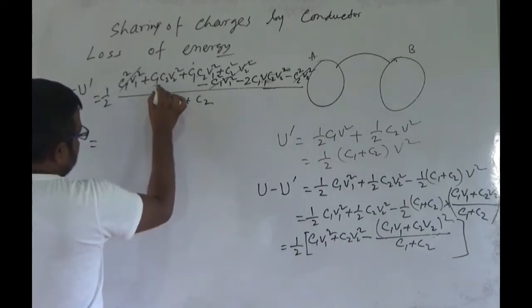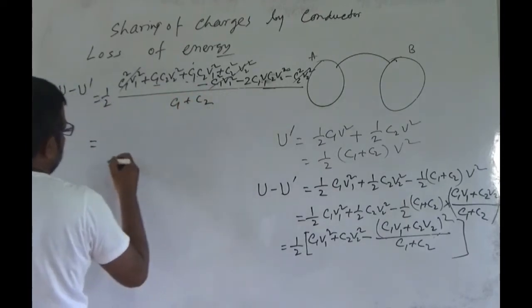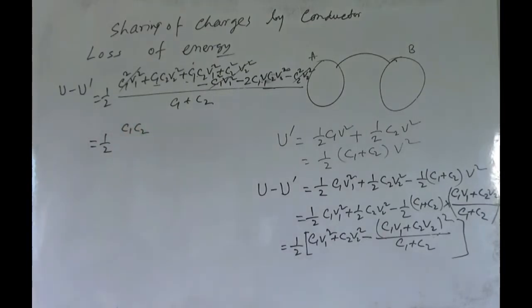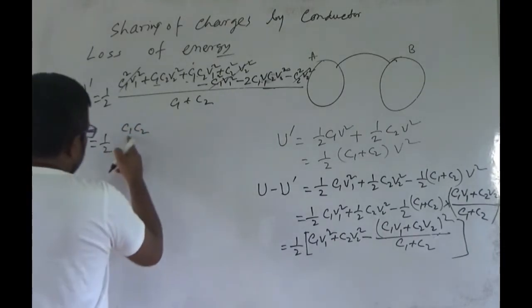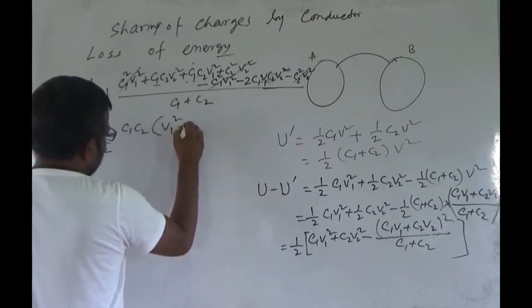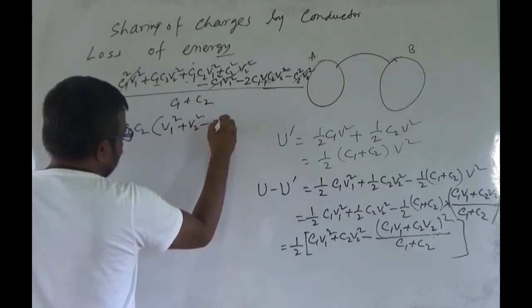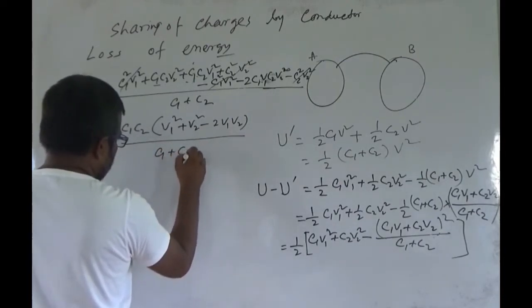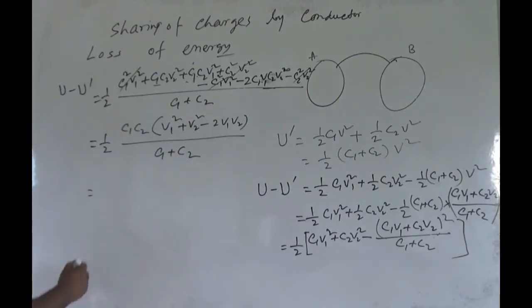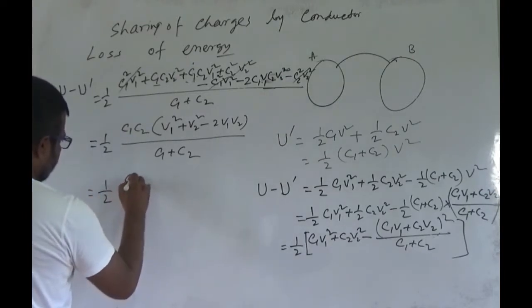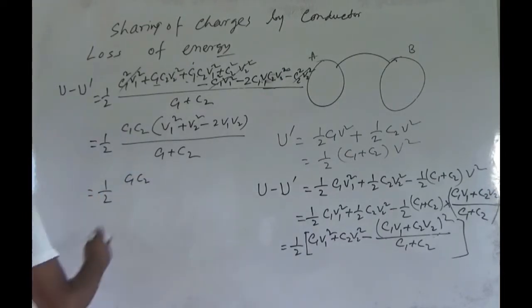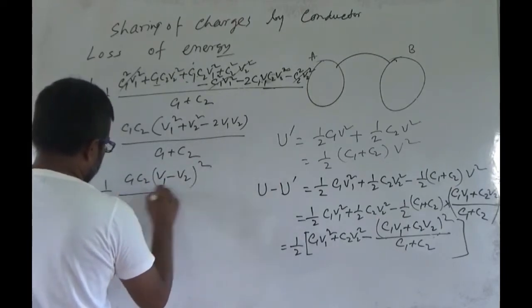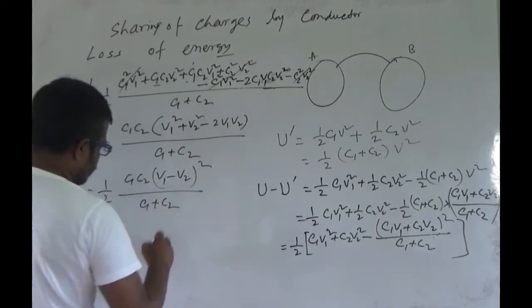And from this we can take C1 C2 as common. That means C1 C2 into (V1 square plus V2 square minus 2 V1 V2) divided by (C1 plus C2). That means we can write half C1 C2, and this will be equal to (V1 minus V2) whole square divided by (C1 plus C2).